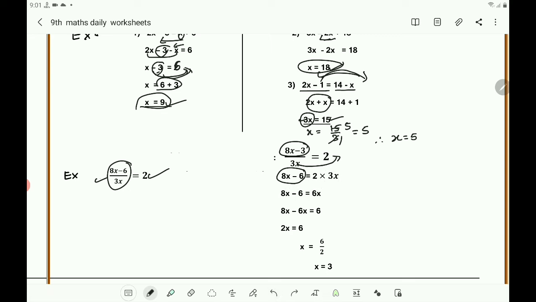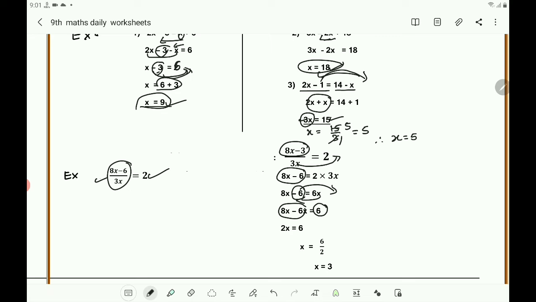Then transfer this 6x to the LHS and minus 6 to the RHS. So it becomes 8x minus 6x, and transferring this minus 6 to the RHS, it becomes plus 6.